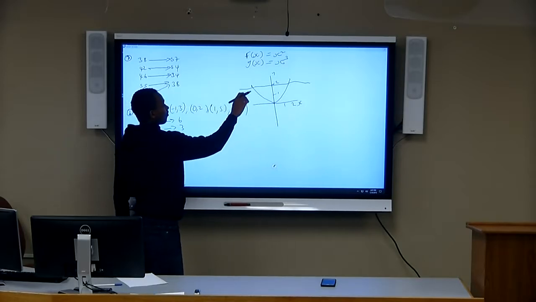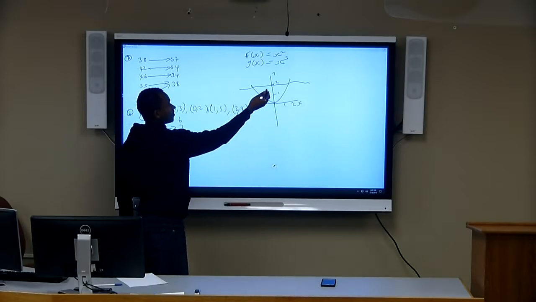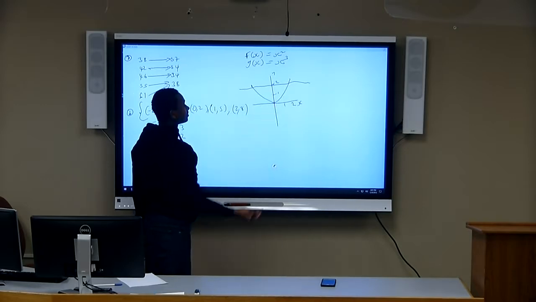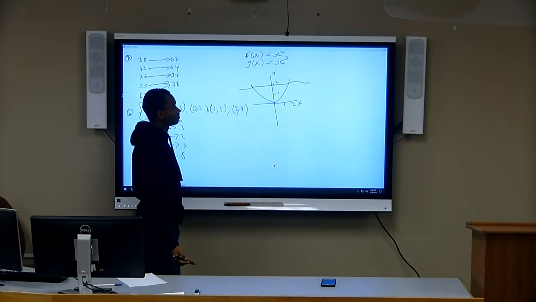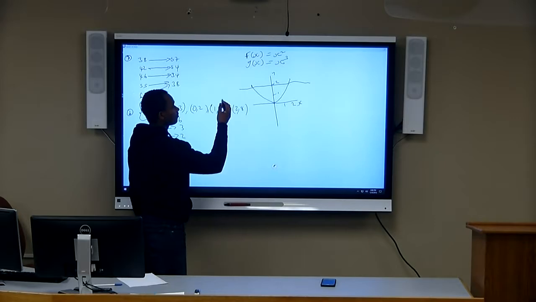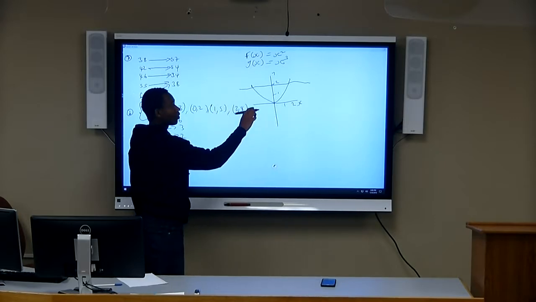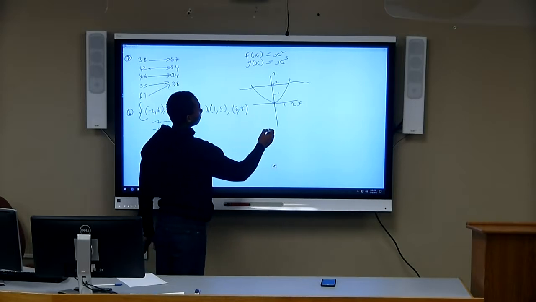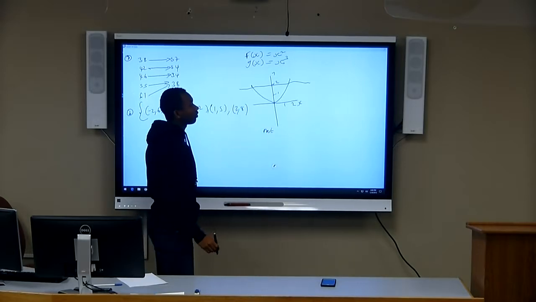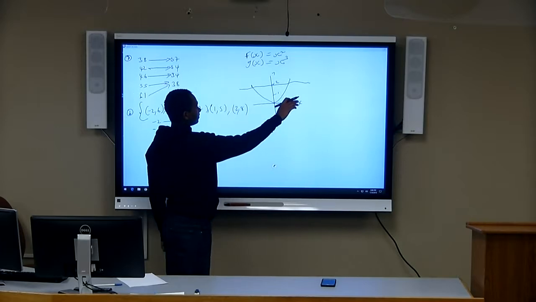It passes the graph at more than one point. It passes the graph here, and it passes it here. So it means this is not a one-to-one function because it doesn't meet the criteria. It has to pass only once for it to be a one-to-one function. It's not a one-to-one function because it passed the graph more than once.